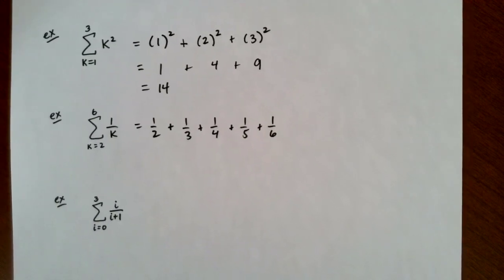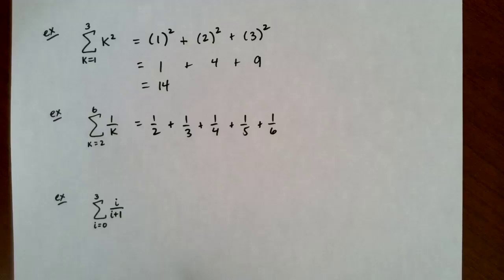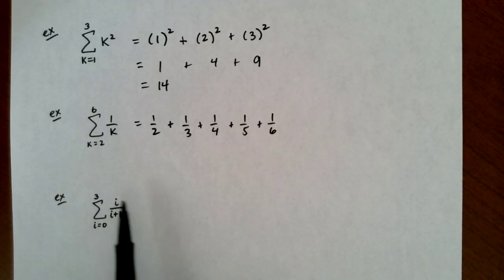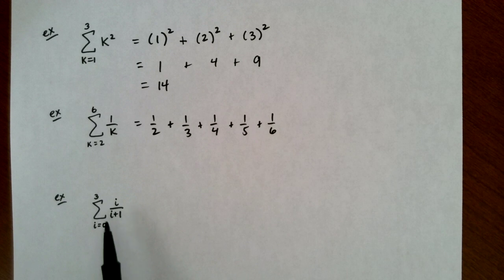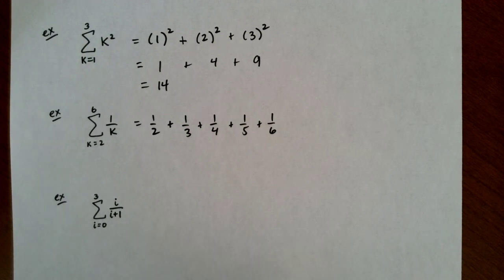Okay, so let's try one more of this type. Here I'm using the letter i instead of k, but it works the same way. So my formula is i over i plus 1. We're going to start at i equals 0 and go up to 3. Notice it's kind of bizarre to be using i as a variable here, but it does not mean the complex number i. We just mean it as a stand-in variable here, just like the k.